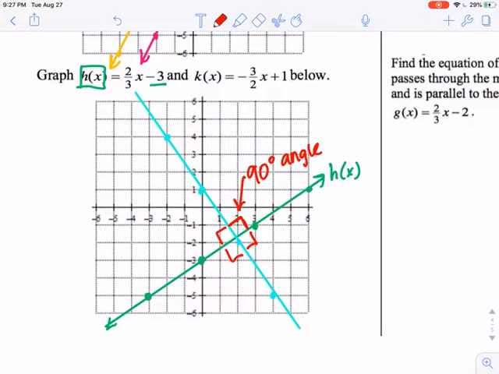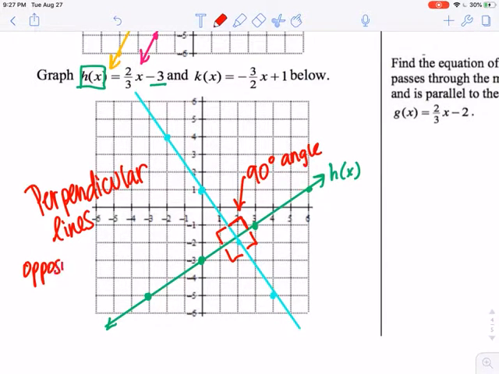And it means that these are called perpendicular, as you guys might remember. Perpendicular lines. And they have opposite reciprocal slopes.